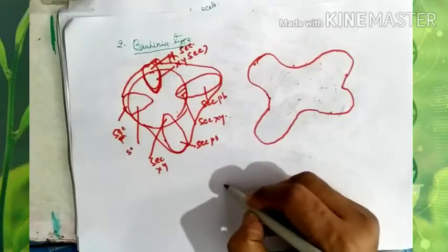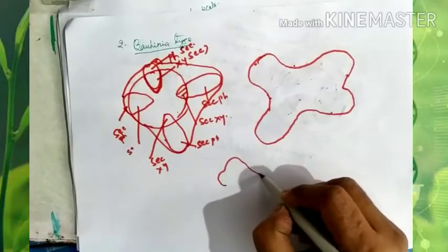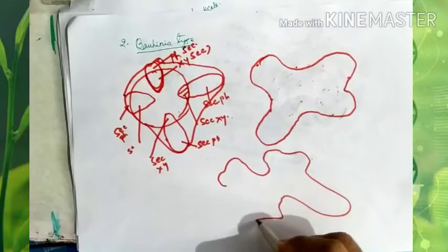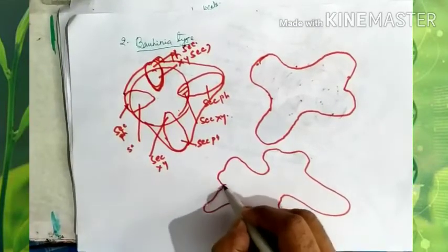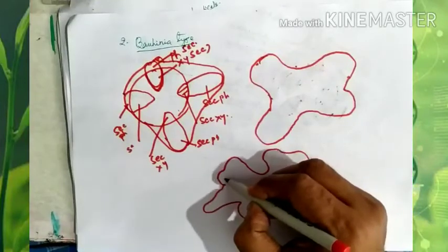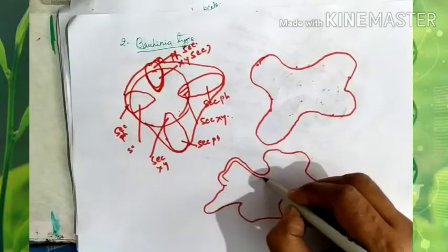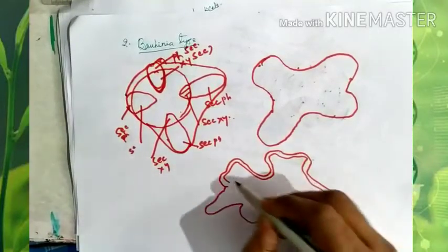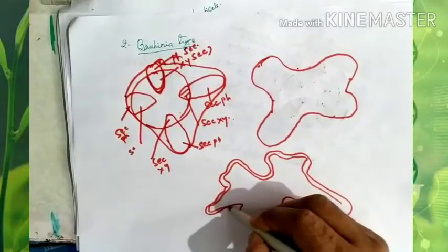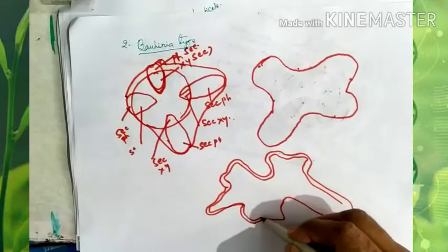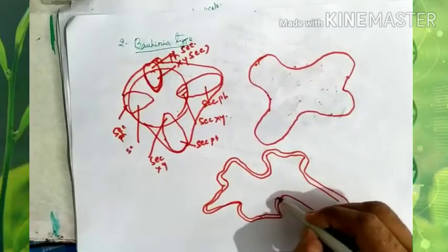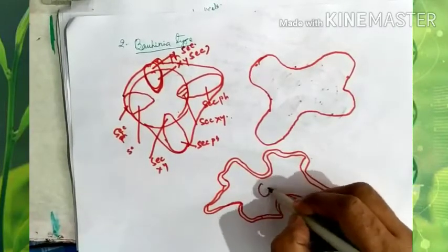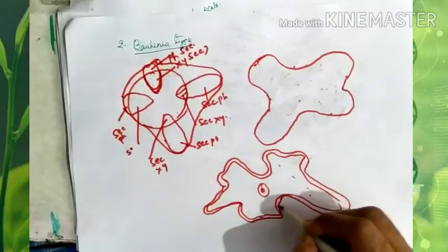An example is Bauhinia. Here this type of structure occurs after the secondary growth, due to the activity of the cambium being more at some points and less at other points, and hence this type of structure occurs.